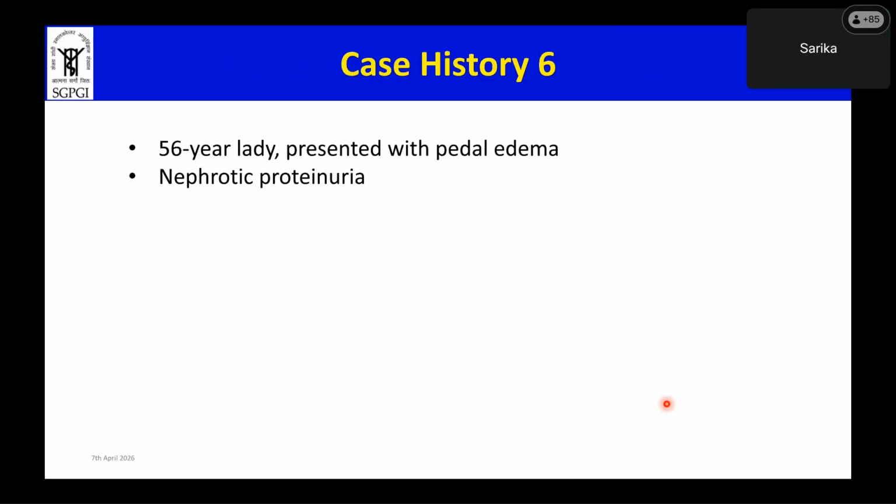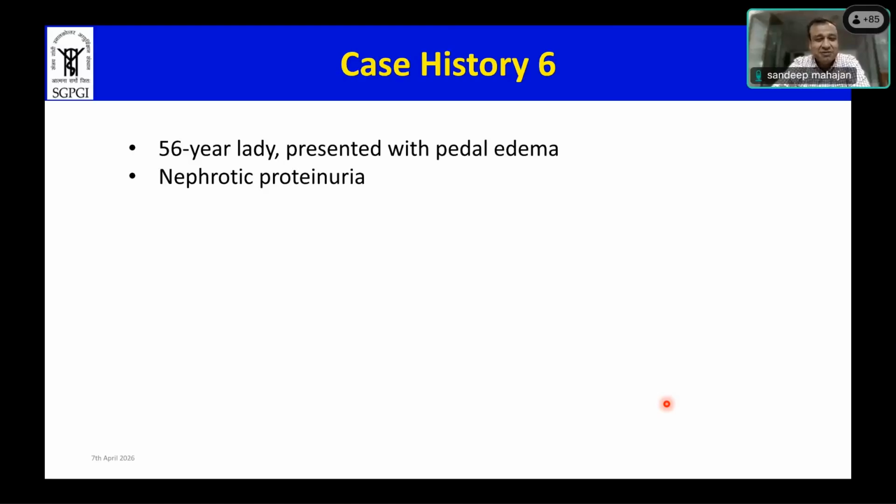Okay, so just to give you interesting trivia, the whole concept of C3GN or MPGN has actually been revolutionized by Dr. Sanjeev Sethi. He's currently at Mayo, but he's from India, and he did his MBBS and initial part of medical training in India only.